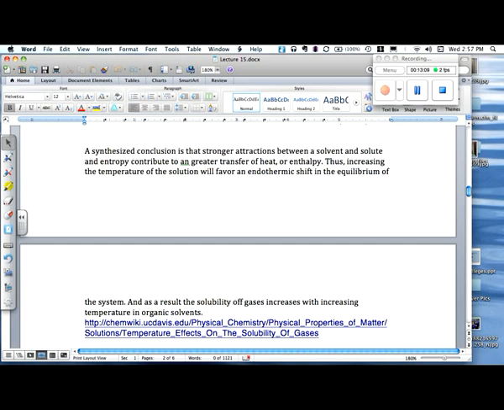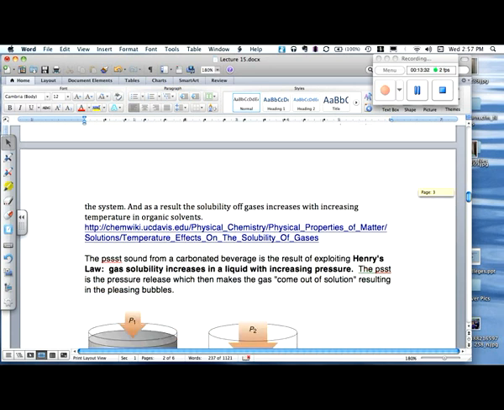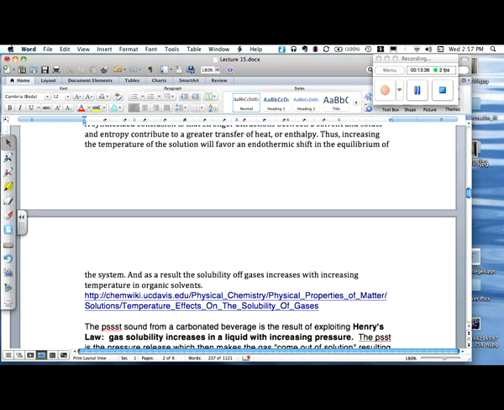The organic solvents are mainly nonpolar. And entropy contribute to a greater transfer of heat or enthalpy. Thus, increasing the temperature of the solution will favor blah, blah, blah. So that's the more advanced explanation, but you do see that reversal of the trend when you switch to a solvent that is more like the solute.